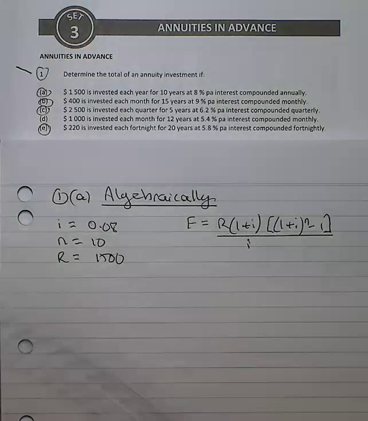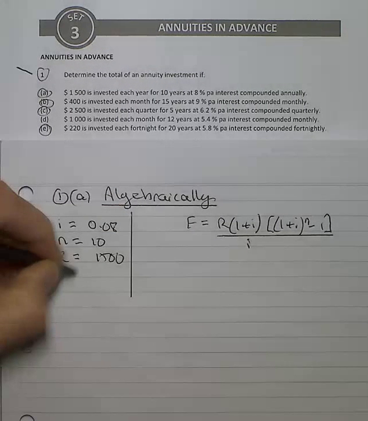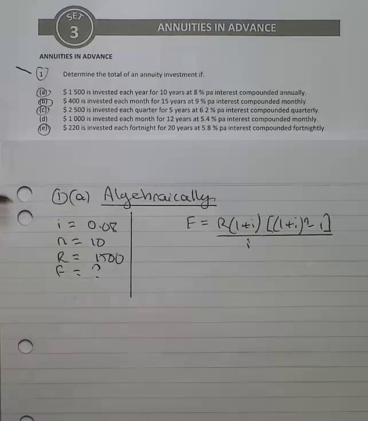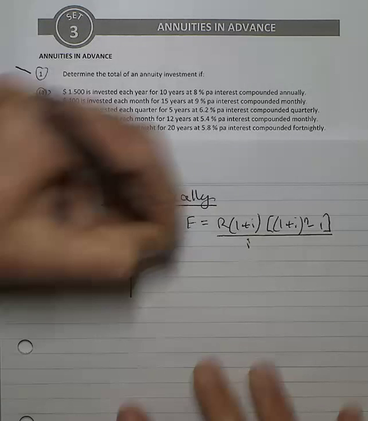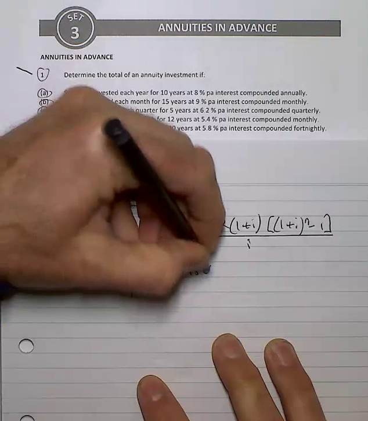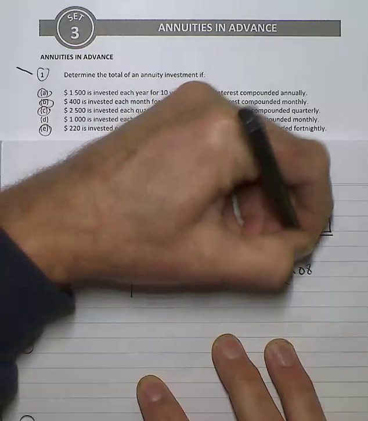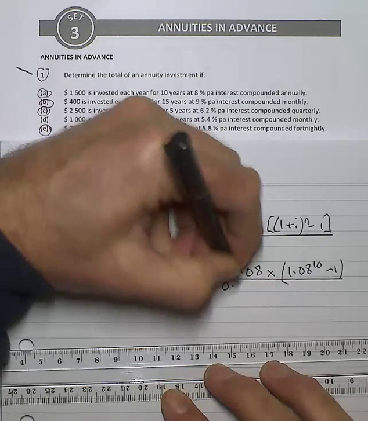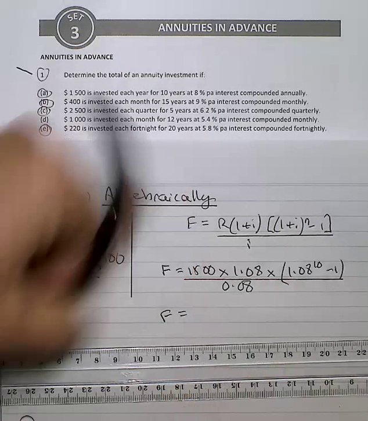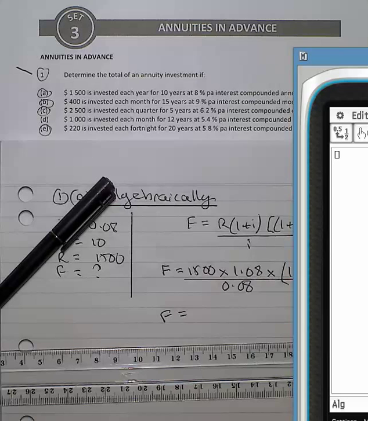When you're doing this algebraically, make sure that you put down what you know and also what you don't know on the right-hand side. Now, increasingly, the focus of this unit will just see us algebraically solving for F. I'll just bring up the calculator and we'll process those figures on the calculator.